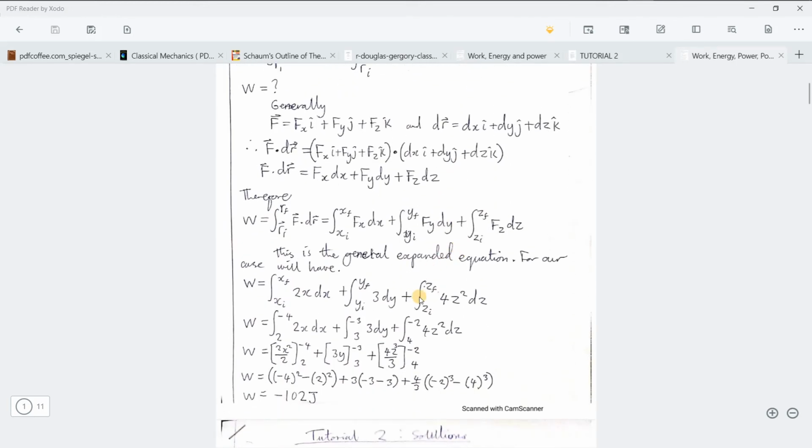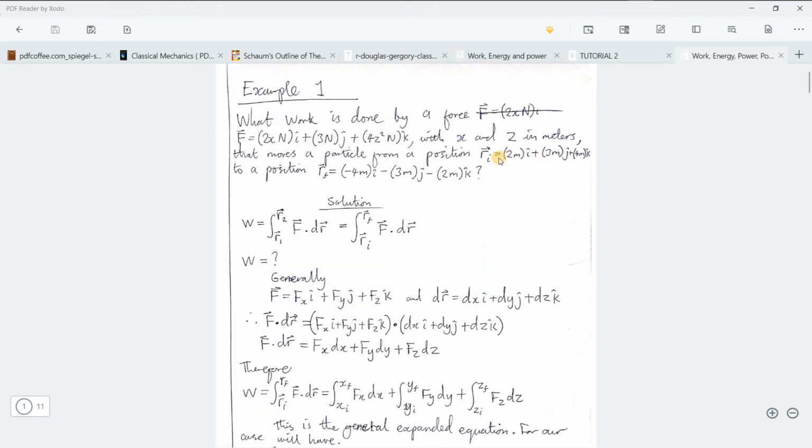Now we have zi to zf, right? Zi to zf there. So now let's look at our zi and zf from the question. So this is our initial position. Now our z component is this, meaning that our zi is 4, and our zf going to this final position here will be -2 because of this negative.